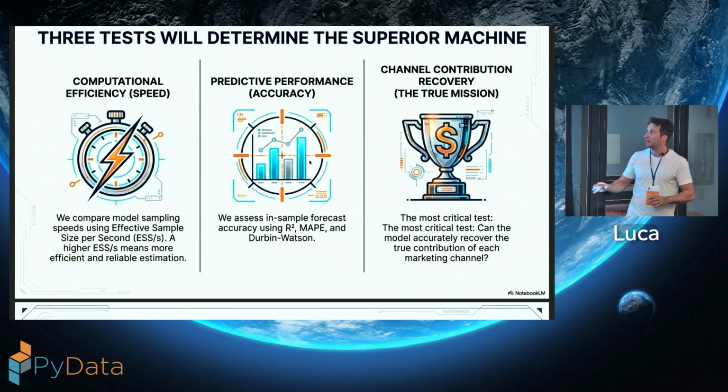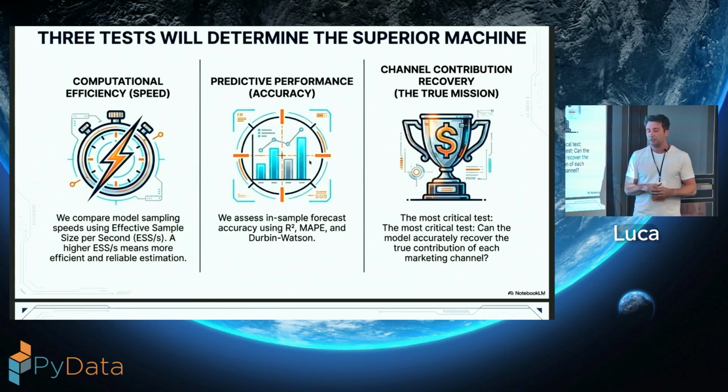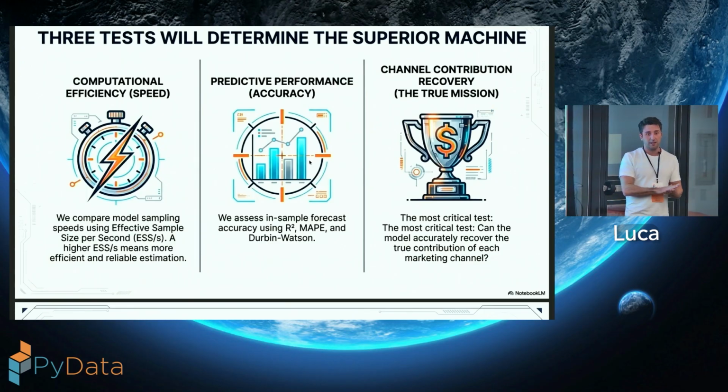That's why, for the moment, we just restricted this to the in-sample accuracy. In-sample accuracy doesn't tell you how good you'll be at out-of-sample predictions, as every good data scientist knows. But it does tell you whether the model can actually reconstruct the data.